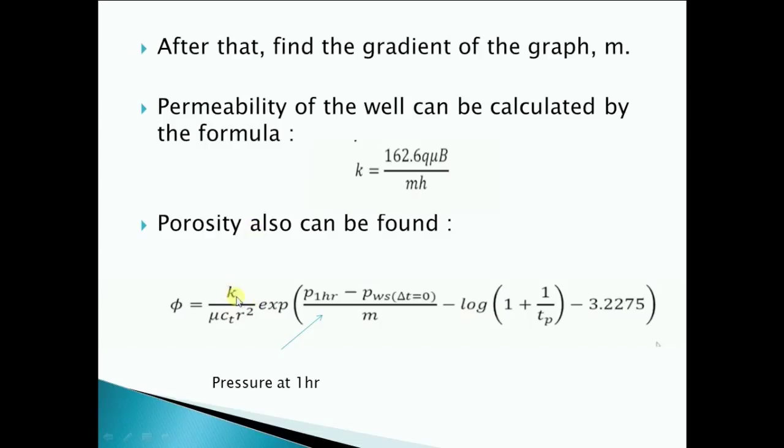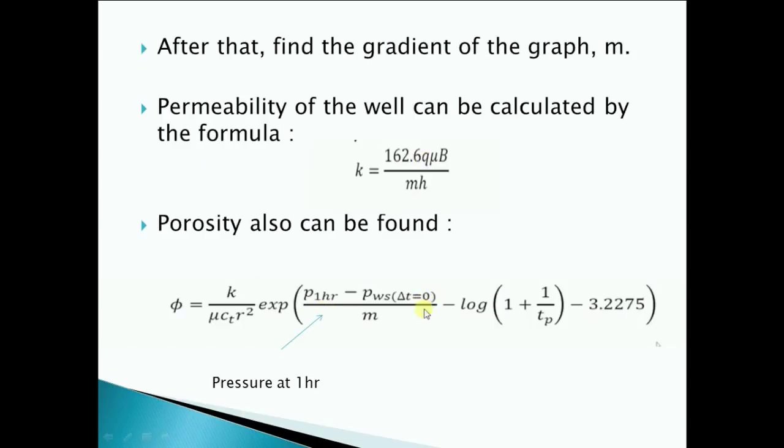We put the value over the viscosity times the total compressibility times the radius rw squared, times the exponential of P at 1 hour based on the plotted graph minus the wellbore pressure PWS, which we can see on the plotted graph at time equals 0, delta time equals 0, and find the match point.